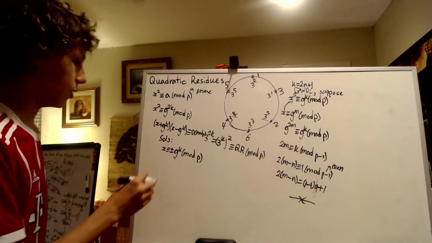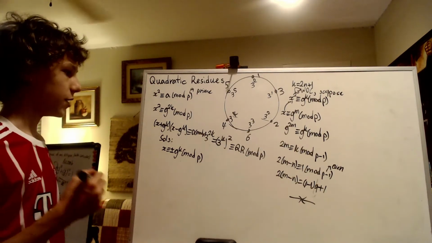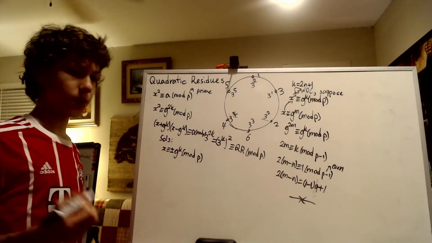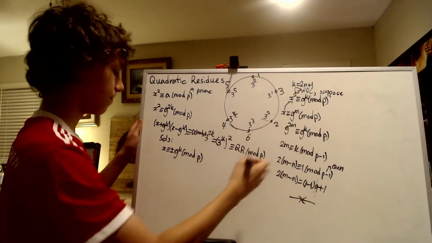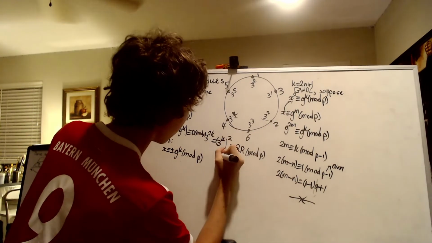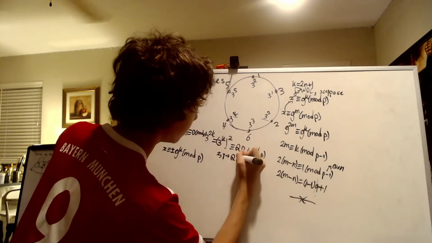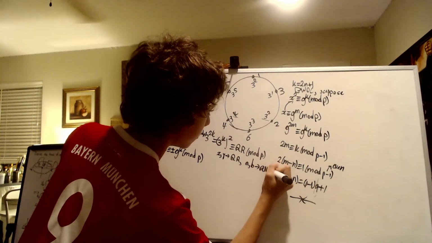Well, let's continue. So now we're going to get to the last major idea that we're going to learn about today, which is very simple, using the tools that we've learned here. So I want you to consider x and y are quadratic residues, and a and b are quadratic non-residues.